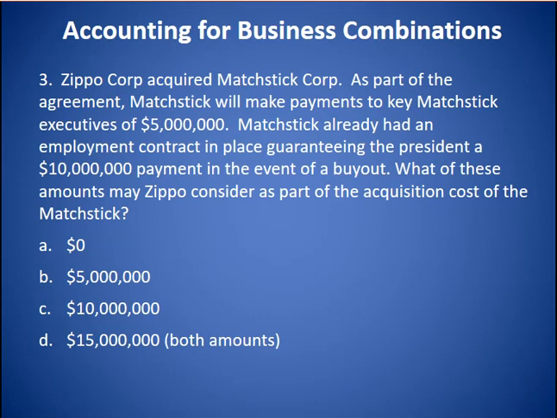Which of these amounts may Zippo consider as part of the acquisition cost of Matchstick as opposed to expensing them? So again, go ahead and take a look at your answers. Stop the video, compute your answers, and when you're done and ready to review, go ahead and restart the video.